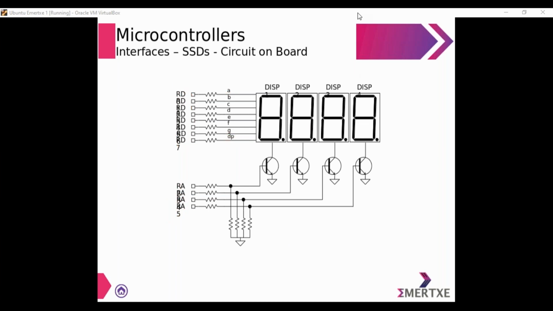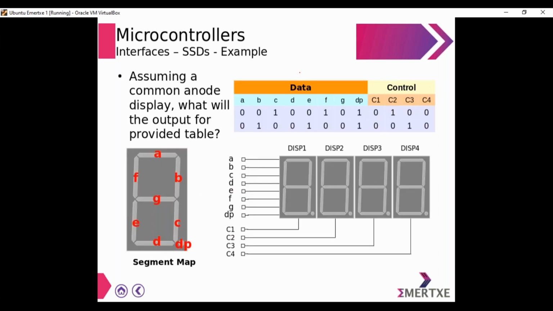Now observe this. I'm going to show you one representation, so please pay attention here. Assume it is a common anode configuration. In case of common anode configuration, what needs to be provided to turn on the LED? 0 to turn it on.